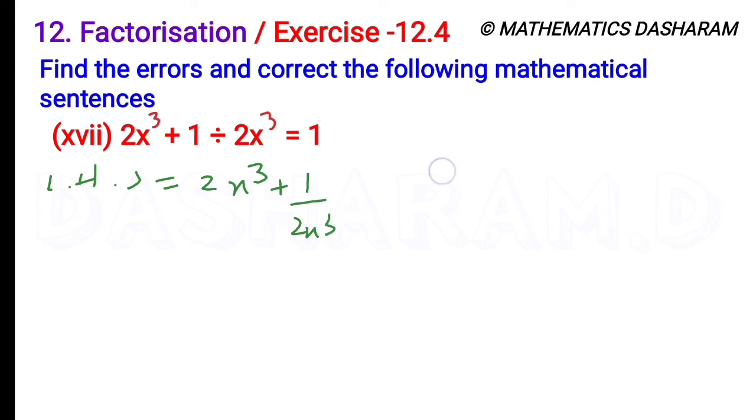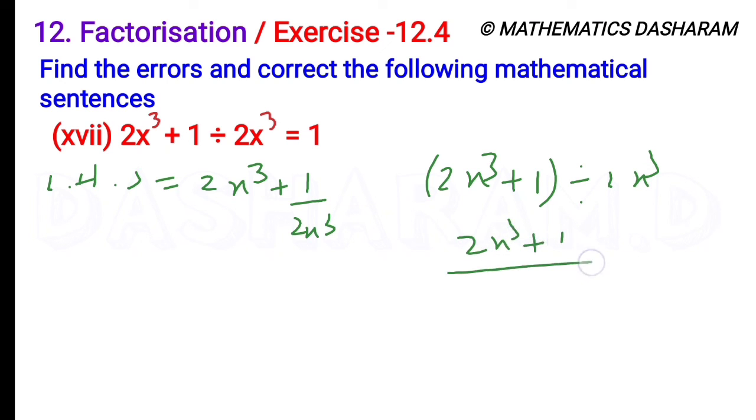Once you observe this question, if it were (2x cube plus 1) all divided by 2x cube, that is because the bracket symbol is given, so 2x cube would come in the denominator. But here the bracket symbol is not given, so that is why 2x cube belongs to only 1, not for 2x cube.